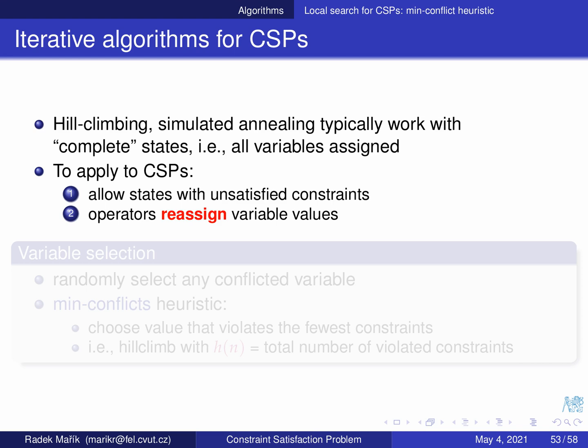Of course, at the beginning, you don't know exactly how to assign those values properly, so you need to allow states with unsatisfied constraints. Some constraints are broken and you need to fix them. That's exactly what the reassignment operator performs. It tries to reassign values in such a way that the number of broken constraints is minimized.